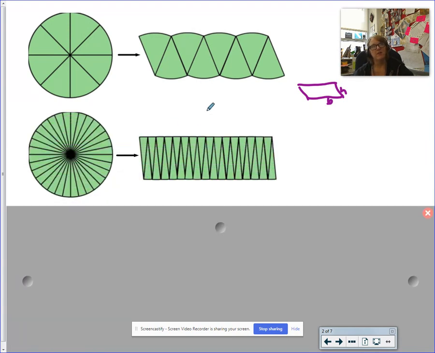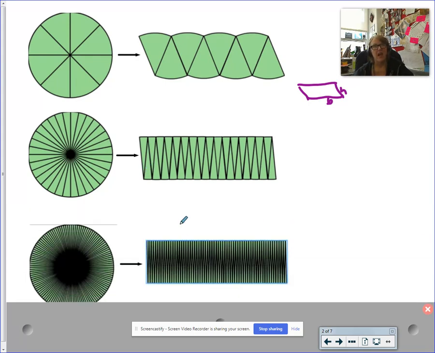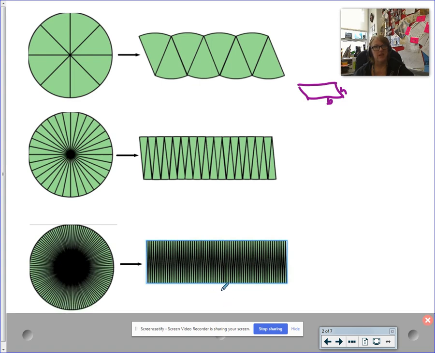If we could chop this paper plate into super teeny tiny little slices, it eventually would start to look like something that actually was a parallelogram. Or eventually, if we could go just infinitely tiny, it would look like a rectangle, and it's the base times the height, or this side is length and width.